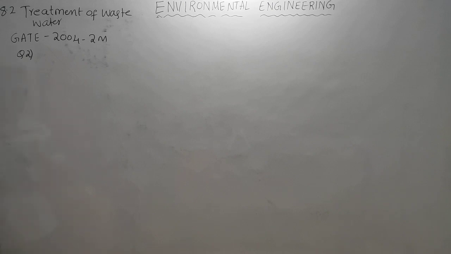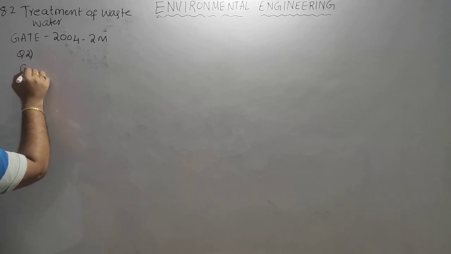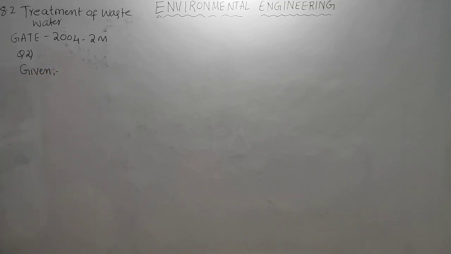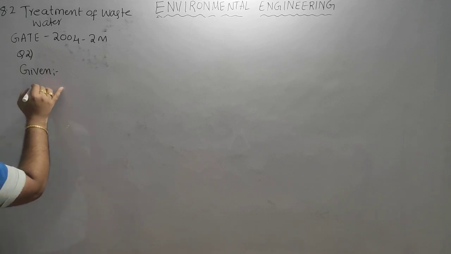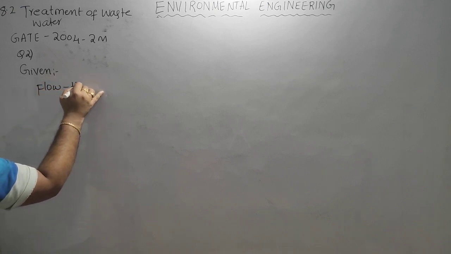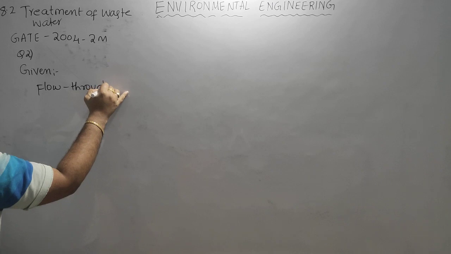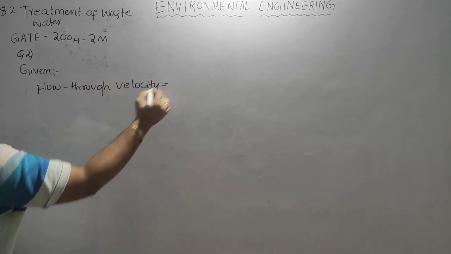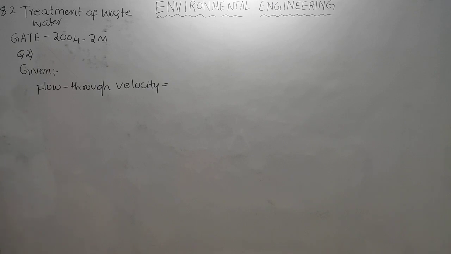The given data: flow through velocity is equal to 0.3.